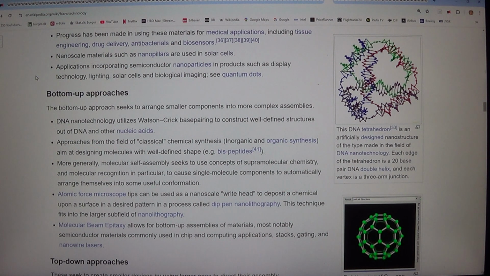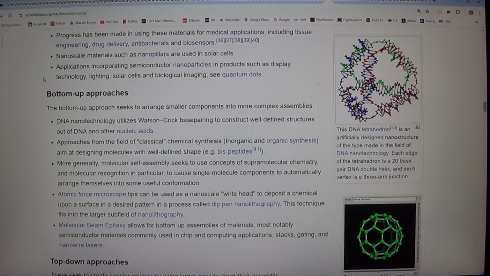Approaches from the field of classical chemical synthesis, inorganic and organic synthesis, aim at designing molecules with well-defined shape, for example bis-peptides. 3. More generally, molecular self-assembly seeks to use concepts of supramolecular chemistry, and molecular recognition in particular, to cause single-molecule components to automatically arrange themselves into some useful conformation.